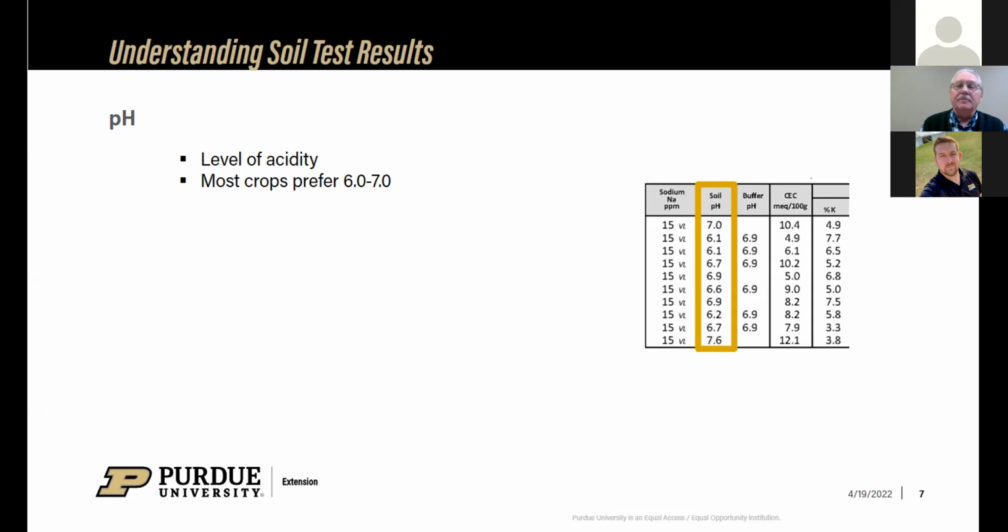Most of our home lawn samples that I see, so garden and lawn samples, I don't know that I've seen one come in that had a pH lower than about 6.8. Generally, they're averaging about 7.4 for a pH, which is really high. Definitely do not need to add lime in that situation. We actually need to bring that down a little bit.